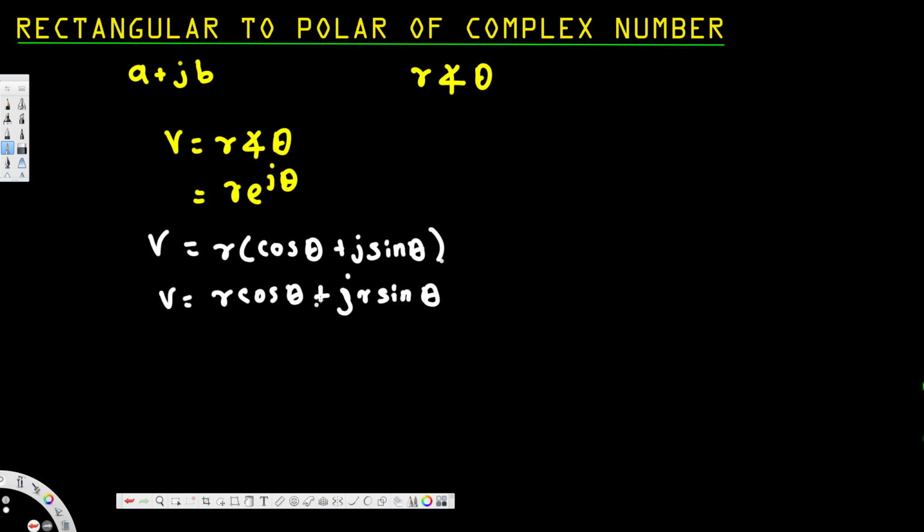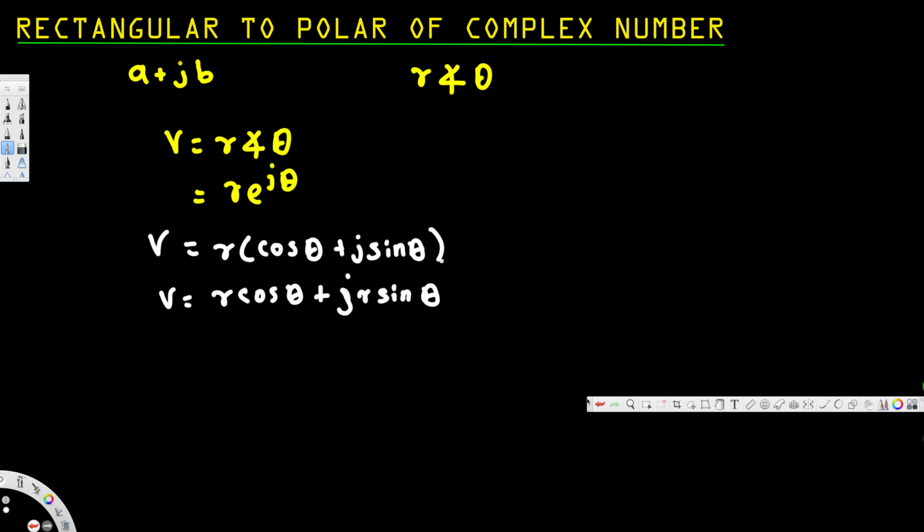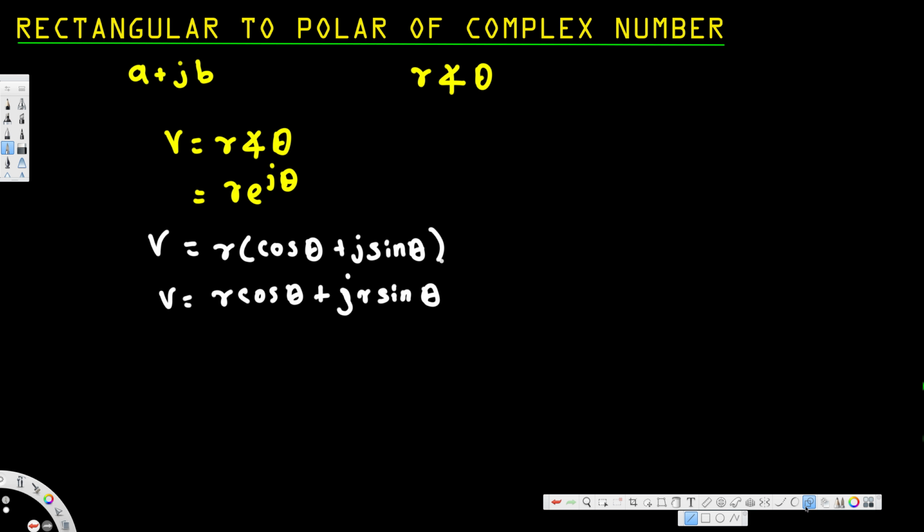Now let's analyze this graphically. Let's see how it's going to look in a graph. Here we have a graph with the real part and the imaginary part. The x-axis is the real part and the y-axis is the imaginary part.